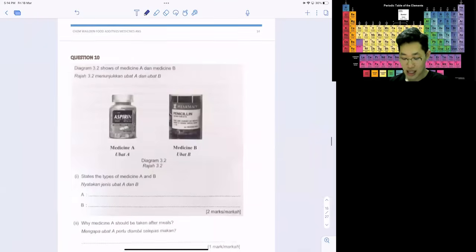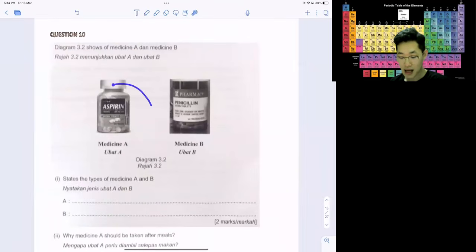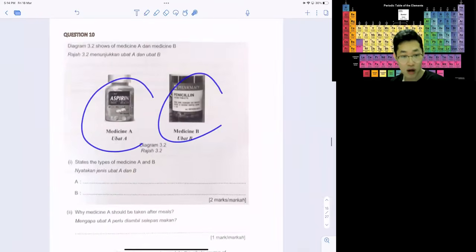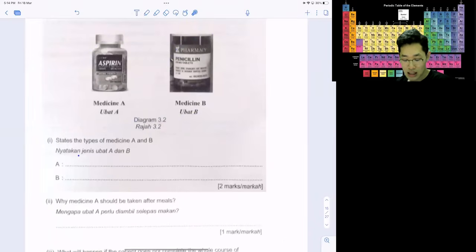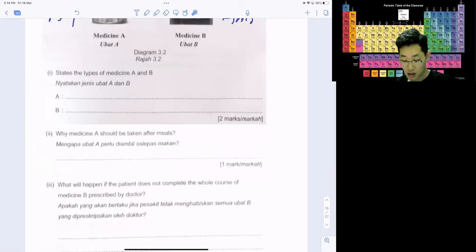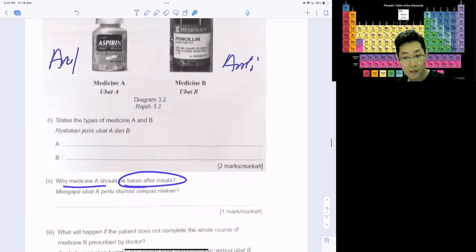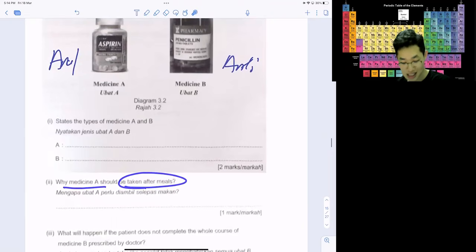So next, aspirin and penicillin. We've still got 10 more pages to go. Type of medicine: this is analgesic, this is anti-microbials. Why should medicine A be taken after meal? Because it is acidic.